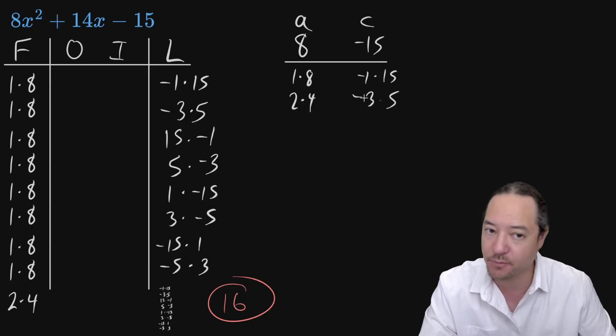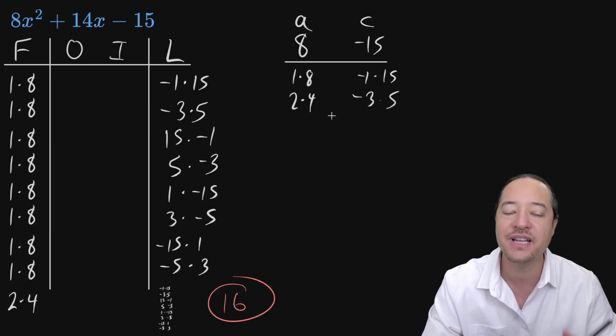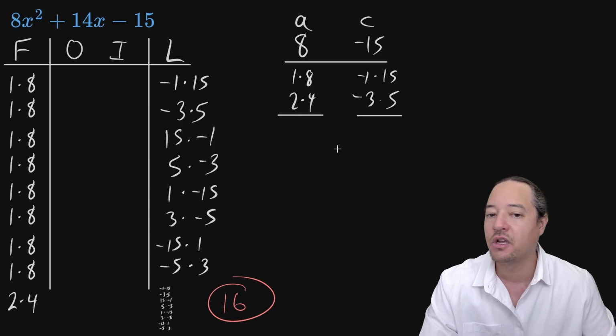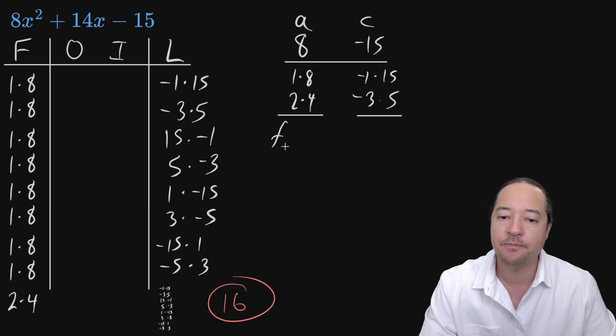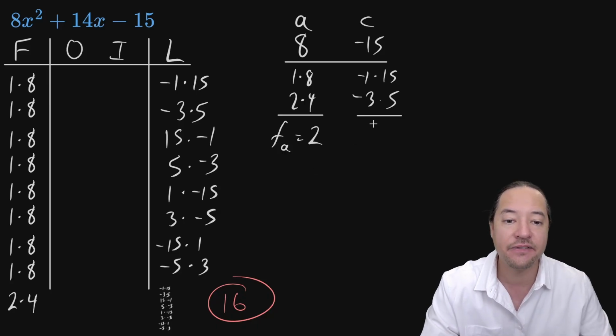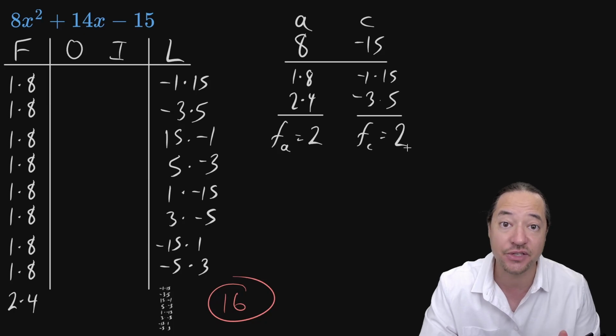But one of these numbers was going to be negative, okay? So this is the idea. If you think about it this way, you had 2 different possible factorizations for A, and for C, you also had 2 potential different factorizations.